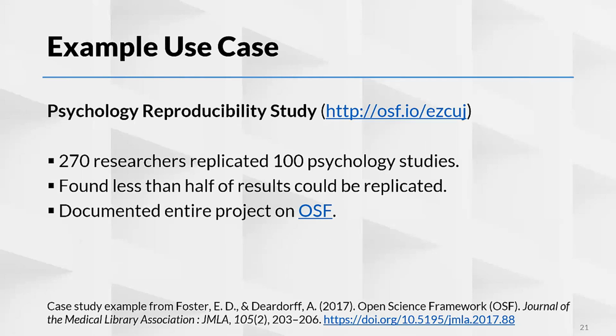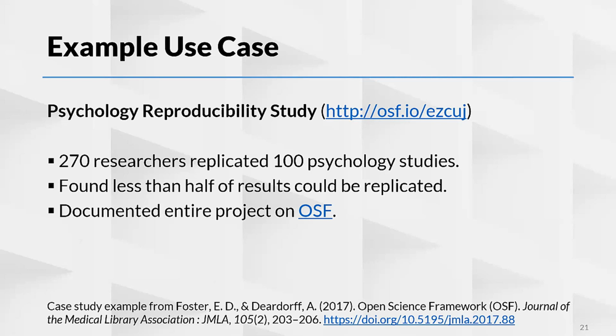Basically, this is kind of an extreme case of using the Open Science Framework. There was a big psychology study called the Psychology Reproducibility Study where they looked at all of these psychology studies, and they tried to see if they could replicate the experiments. And then all of their results are in here. All of their project data is in here.